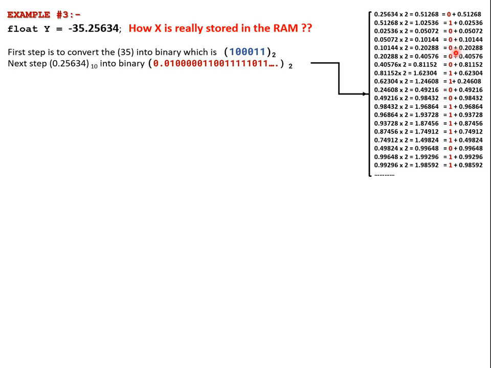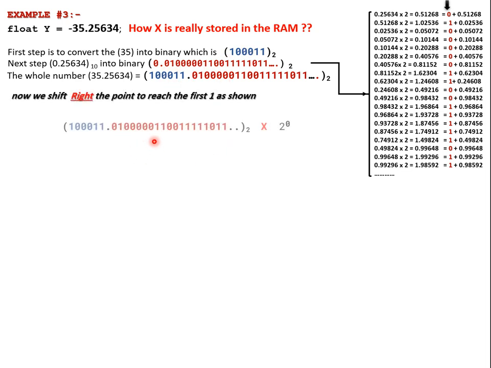Now you keep moving until you reach enough digits to cover the 23 bits of the mantissa. Okay, now the whole number is combined, this one and this one, and we have to make it scientific notation. In this case, since we do not have 0 here, we have to shift the point.